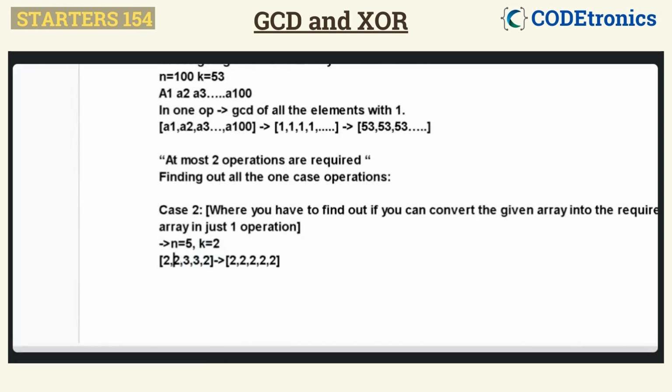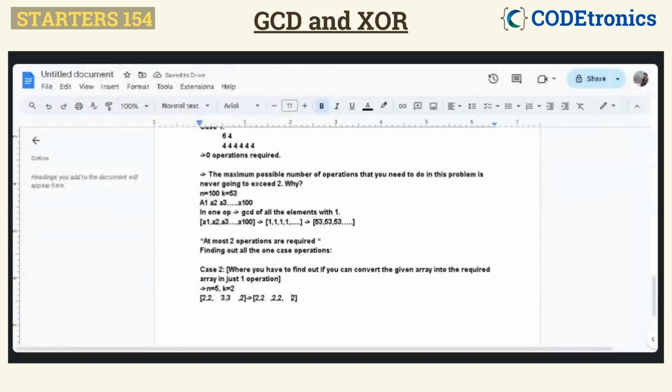It will be different from the rest, but it should be equal inside. If I separate these two threes, we don't have to touch the first two, and we don't have to touch the terminal 2. We apply an operation of XOR on these two threes, and we will get our required answer. So this is the whole point of this question: can you find those types of subarrays if they exist?